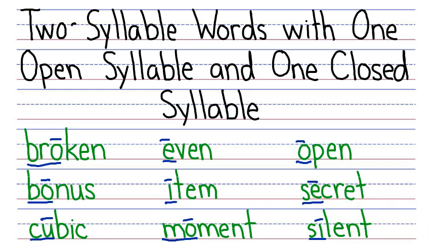Good job identifying all those open syllables in these two-syllable words. Now with a different color, let's underline the closed syllables. This is easy because it's just what's left of the word.